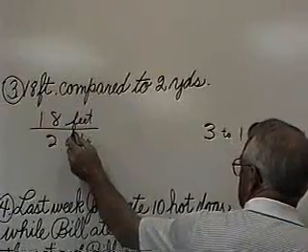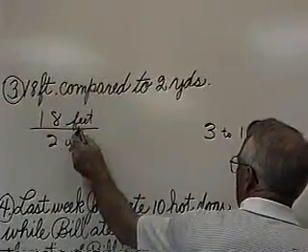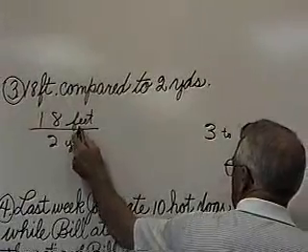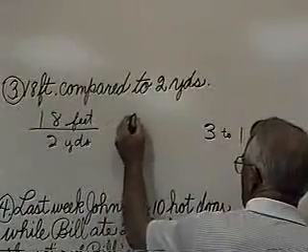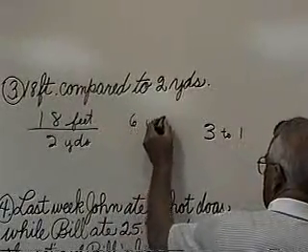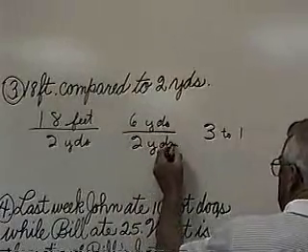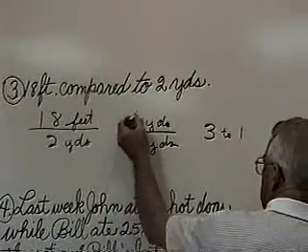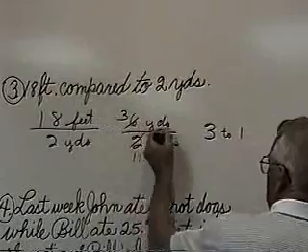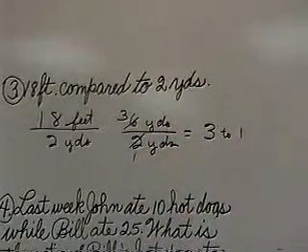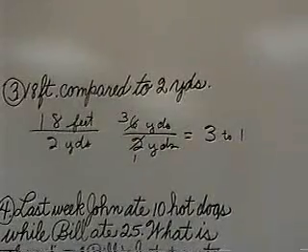Well, 3 feet is 1 yard. So if I divide 3 into that, I get 6 yards is to 2 yards. And when I divide this into that and that into that, I still get the ratio of 3 to 1.